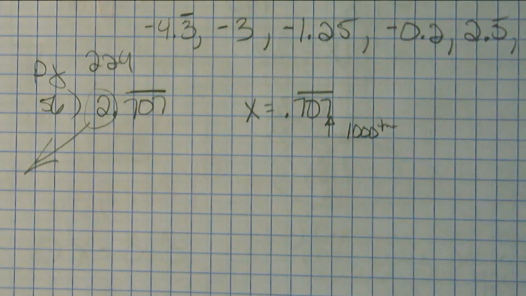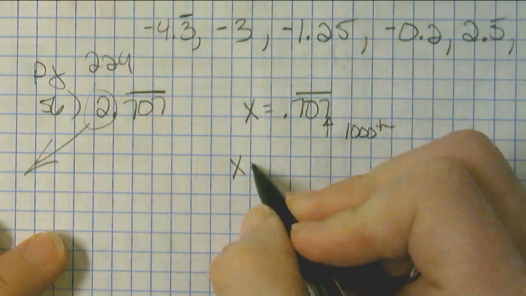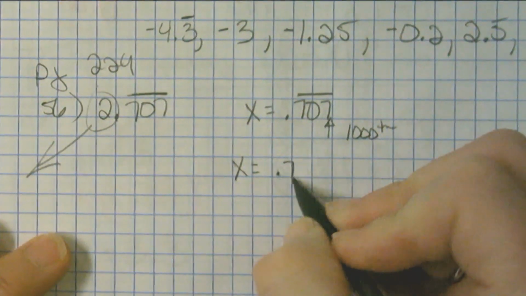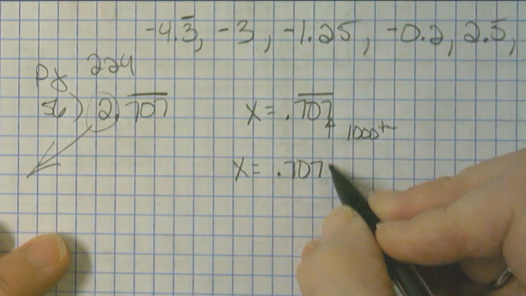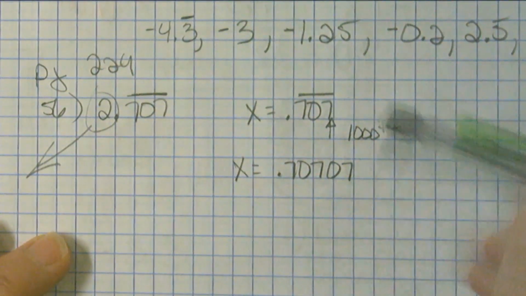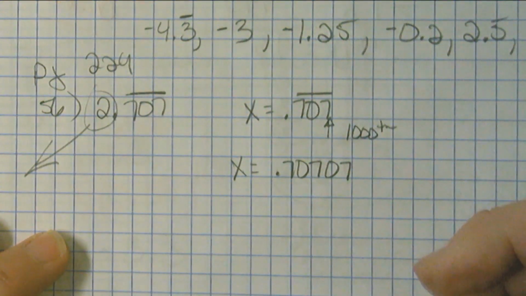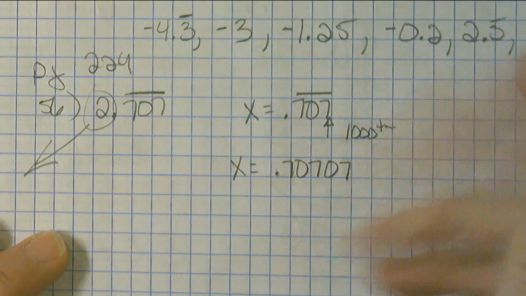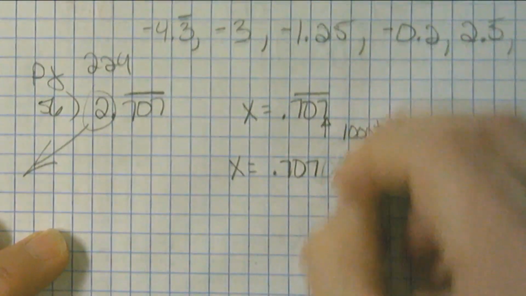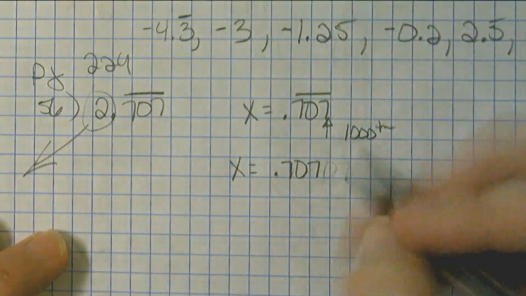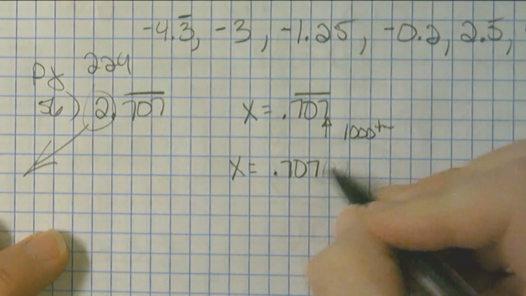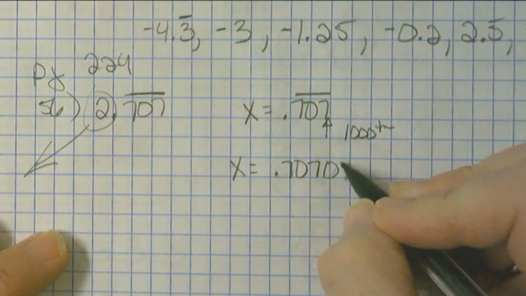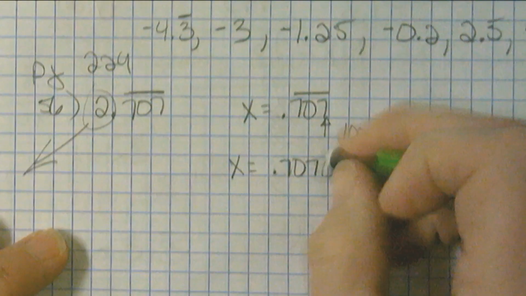So once I set this up, I have to multiply both sides by 1,000. So I'm going to rewrite that x where we have 2 repeating parts. 707, no, it would be 7 again, wouldn't it?